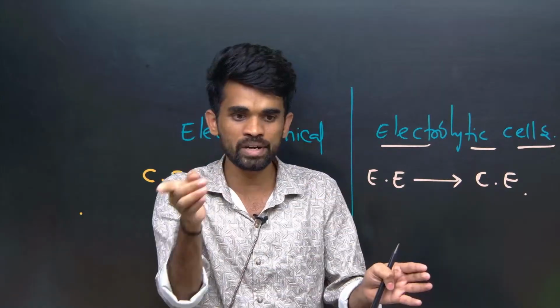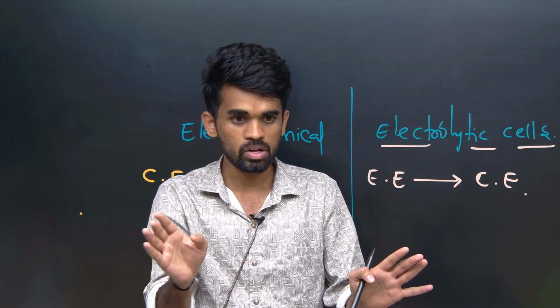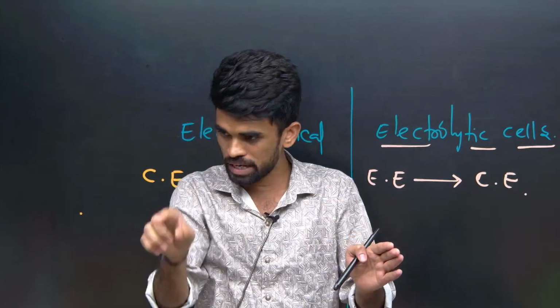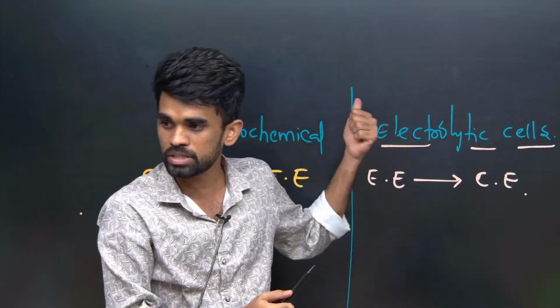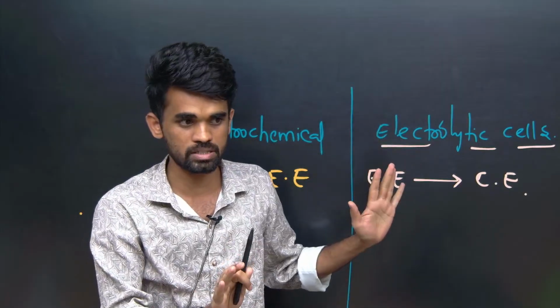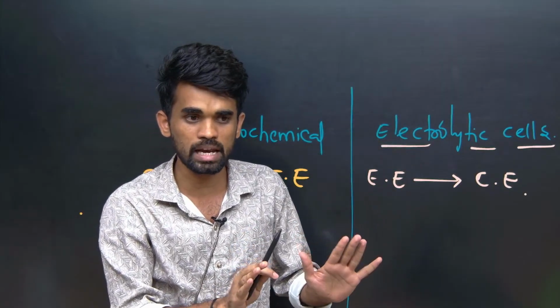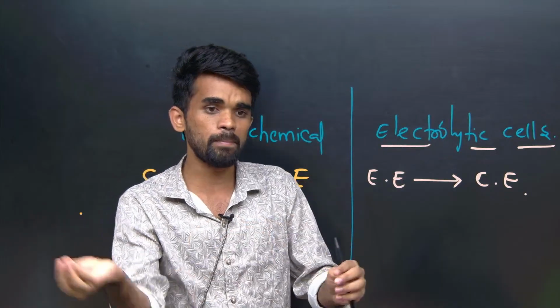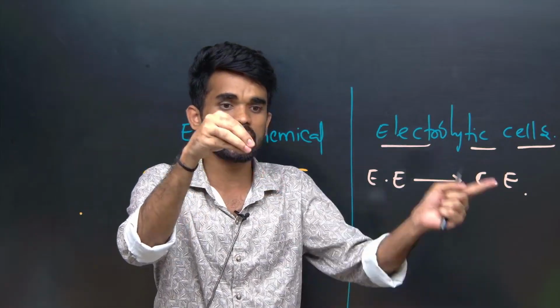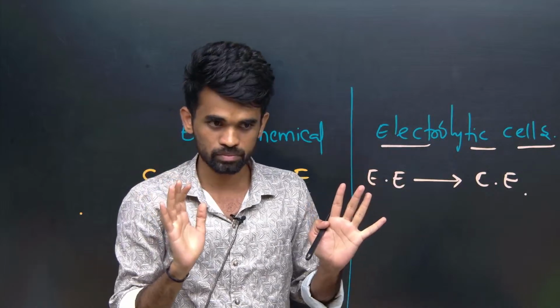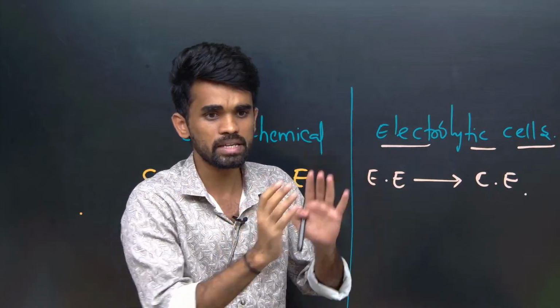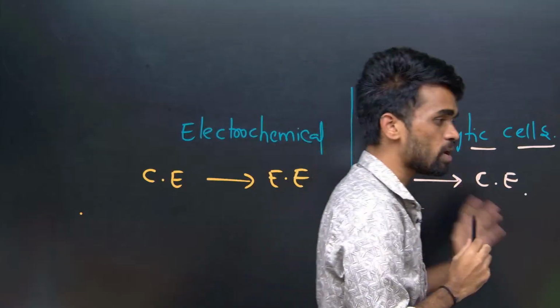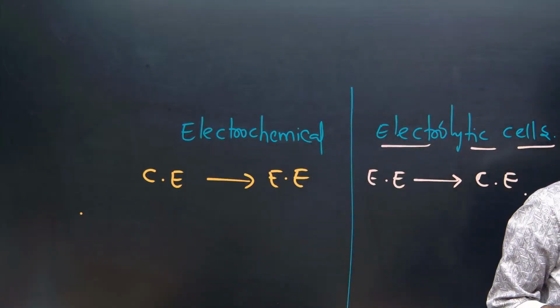But the reverse of it is non-spontaneous, so to bring about this non-spontaneous chemical reaction we use the electrolysis process. In electrolysis, by passage of electricity, a chemical change is brought about. This is what we are going to learn in this session.